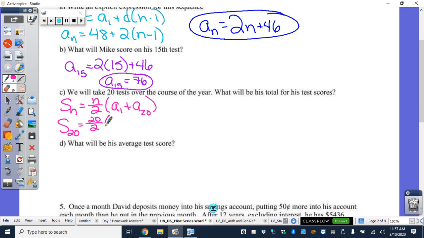The only thing missing from this one is what he got on his 20th test. How can we figure that out? Yeah, plug it into the explicit formula. So 2 times 20 plus 46. What was his 20th test score? 86.